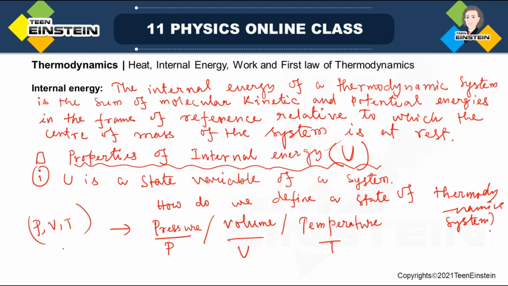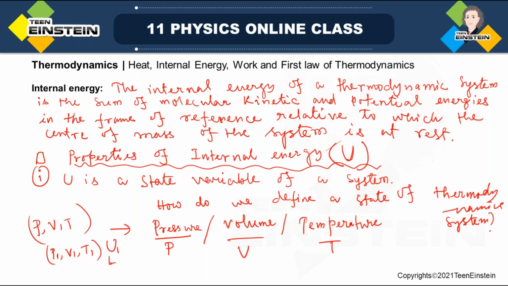So if I know that a particular thermodynamic system is at a state of P1, V1, and T1, this state has a certain internal energy, suppose U1.